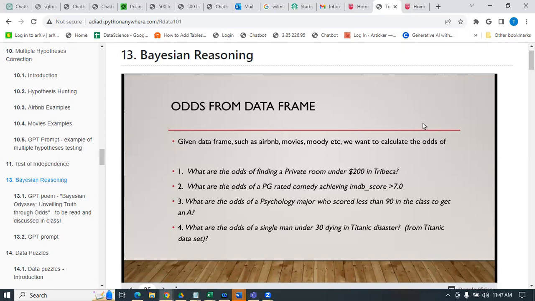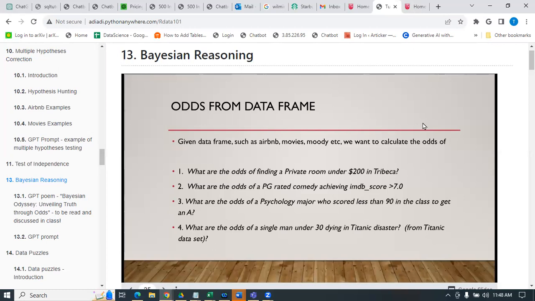Notice, you have to be very careful reading those statements, because the first step you have to do is identify the belief and identify the observation. And notice it's not always obvious, right? Let's look at the first statement. What are the odds of finding a private room under $200 in Tribeca? So which one is the belief? Which one is the observation? Well, look at it carefully. The observation is private room.